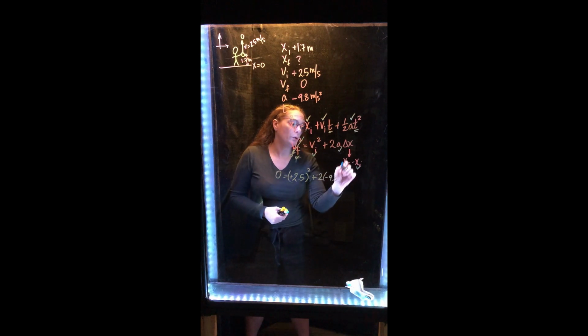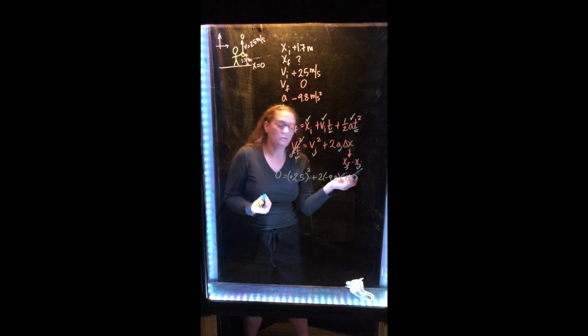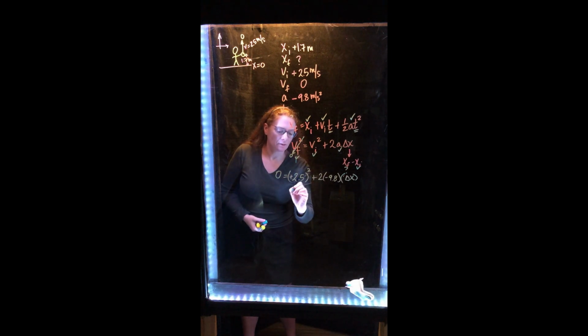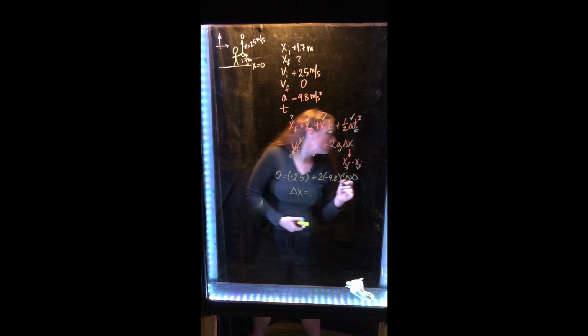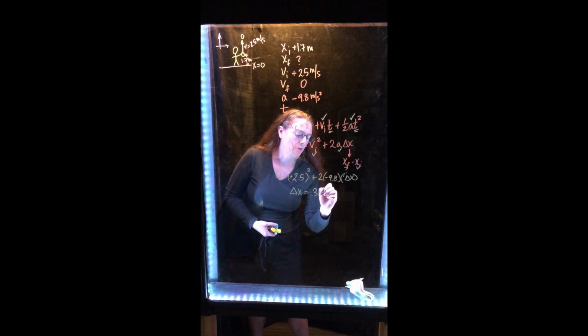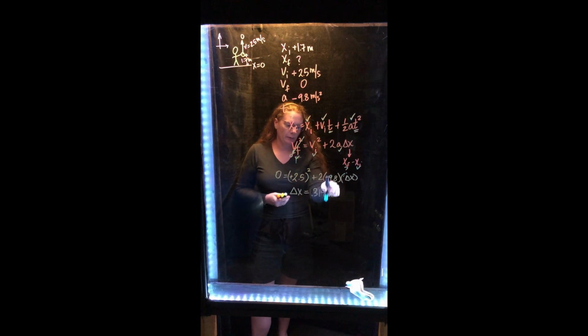And now here you could put this whole thing in, or you could just solve for delta x. Doesn't matter. This one looks neater to me, I don't know why. And now let's solve for delta x. What we get, if you do the math, is delta x is 0.319 meters.